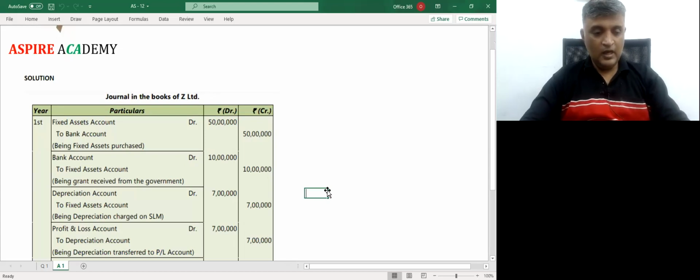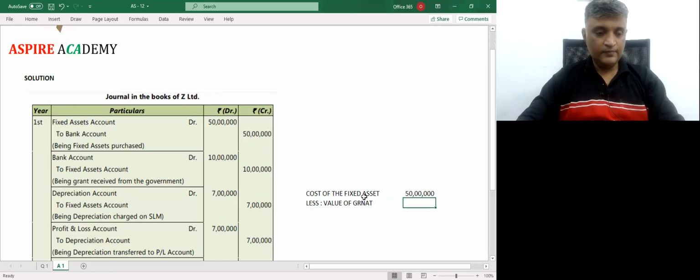So how is it? It is 50 lakhs. That is the cost of the asset. From this, if I subtract the value of the grant, which is 10 lakhs, I'll be left with 40 lakhs.